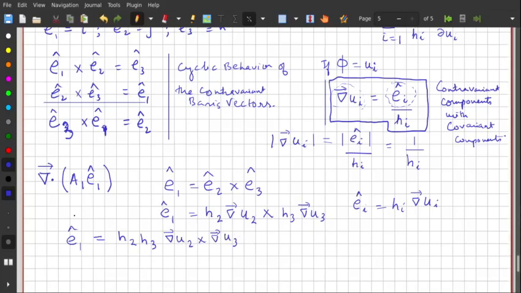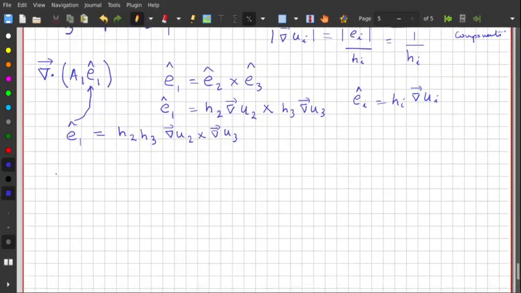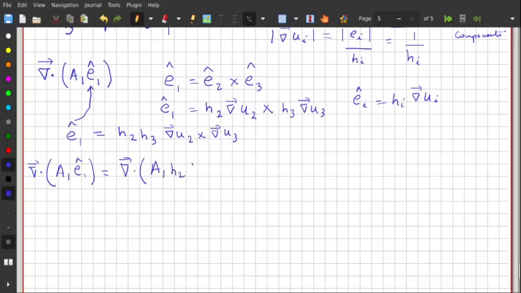Let's use this e1 and substitute it here to expand the divergence. So this becomes the divergence of a1 e1 cap, which is equal to the divergence of a1 h2 h3 grad u2 cross grad u3. Similar identities we can write for the other directions.